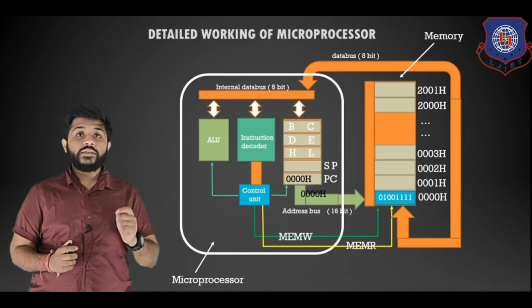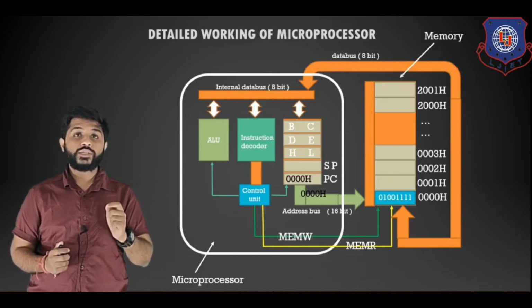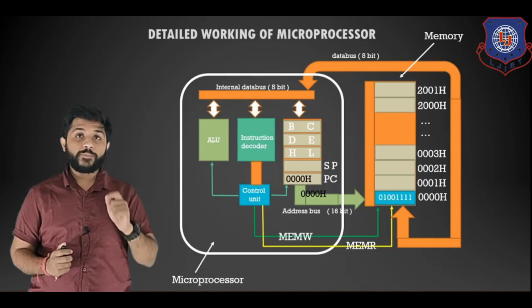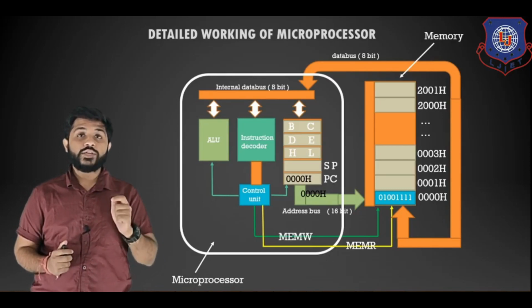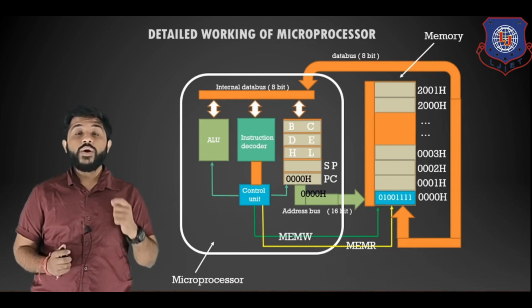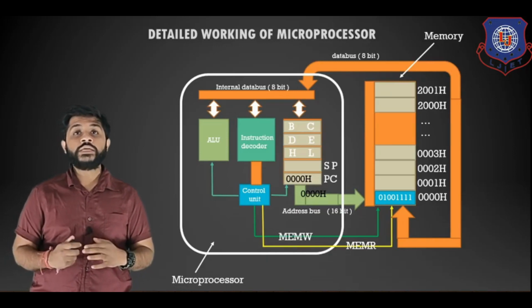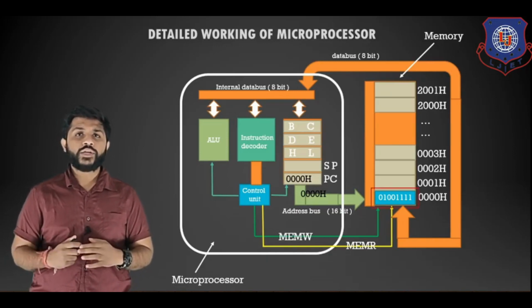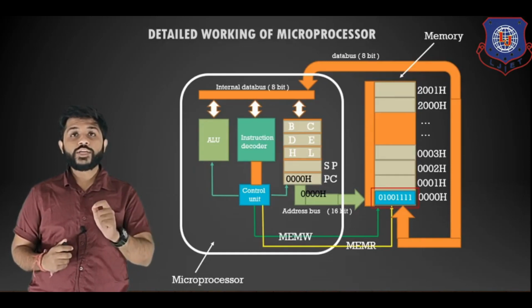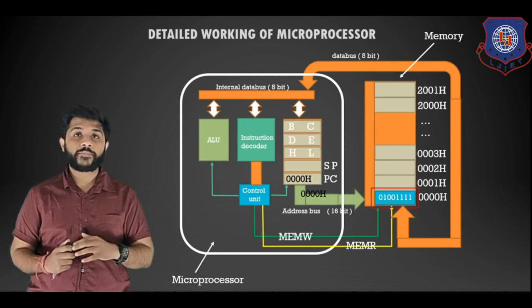You can see the address bus has 0000H. So the processor has sent the 0000H address to the memory. When this address is received by the memory, that particular location will be selected. You can see that the first location, 0000H, is selected in the memory.